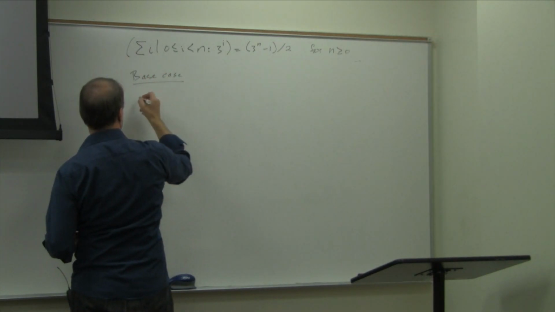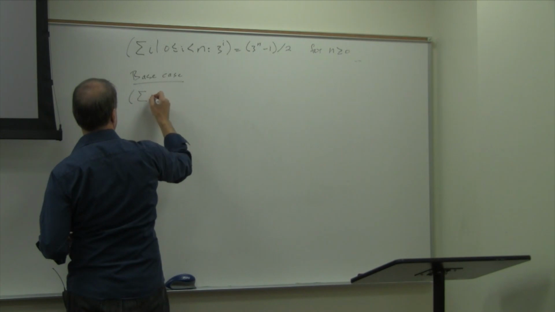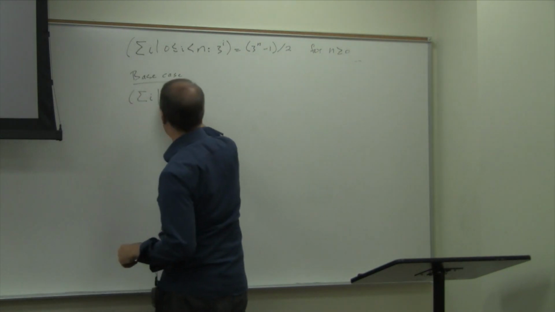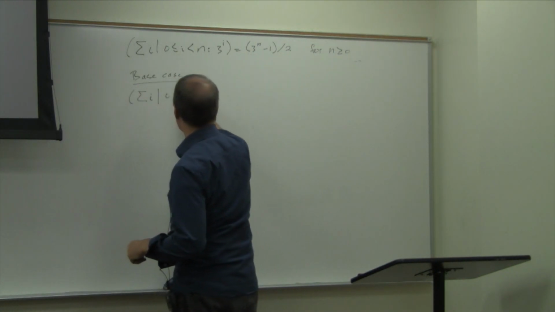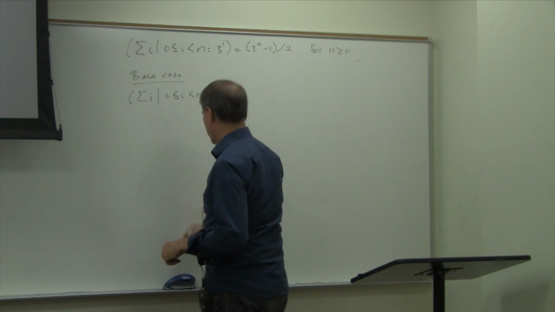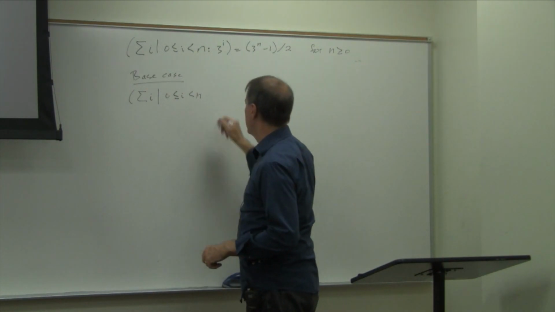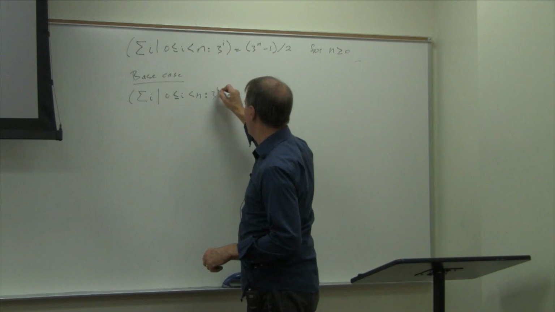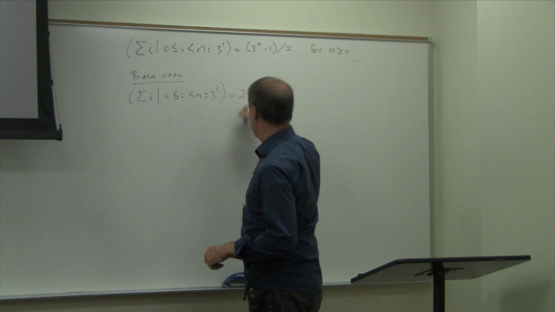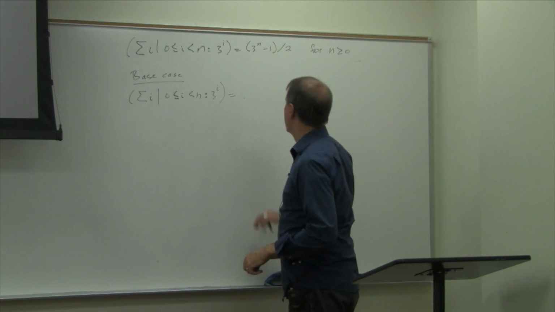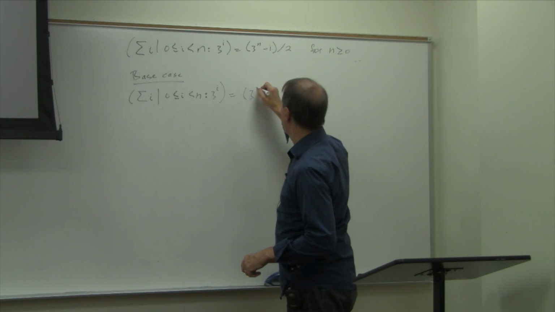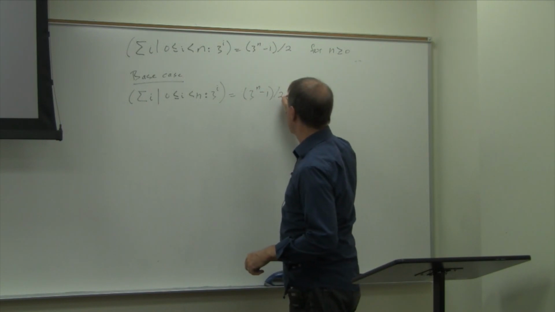So what is it on the base case? Same thing: sum on i, 0 less than or equal to i less than n, 3 to the i equals 3 to the n minus 1 divided by 2.